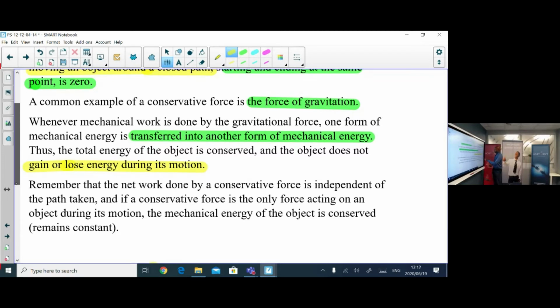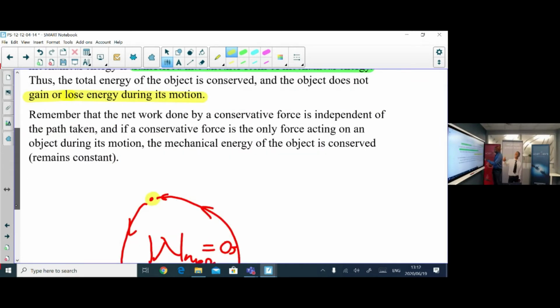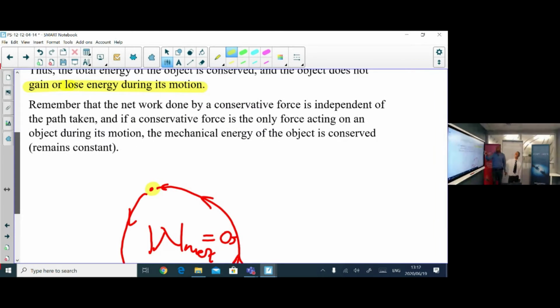I need you to remember the following. Remember that the net work done by a conservative force is independent of the path taken.